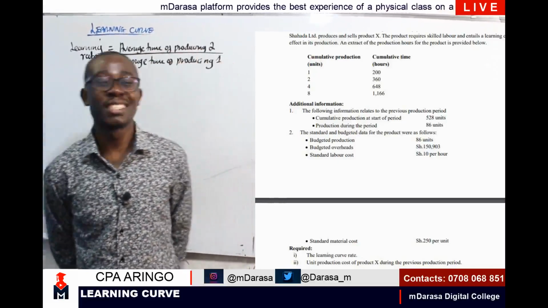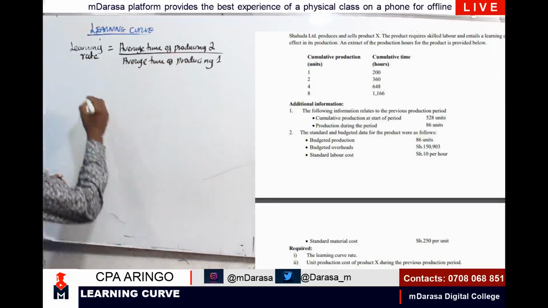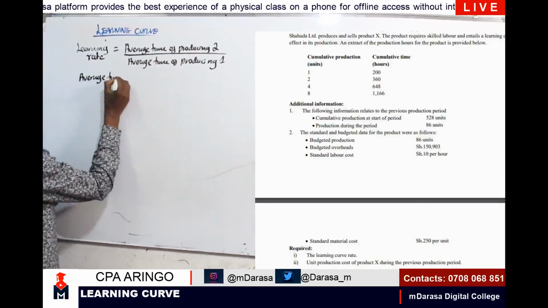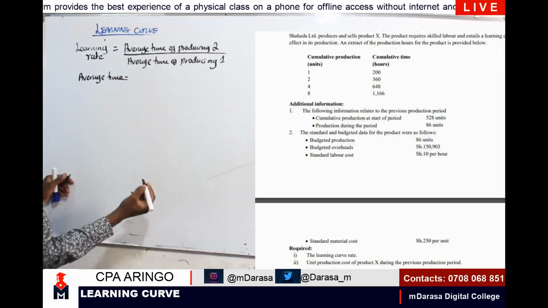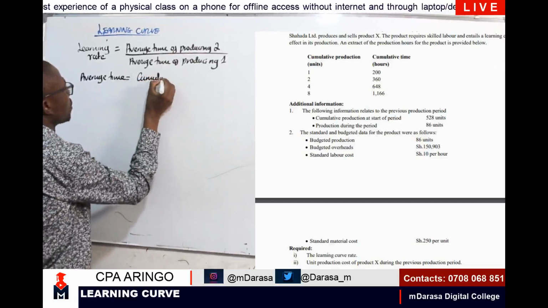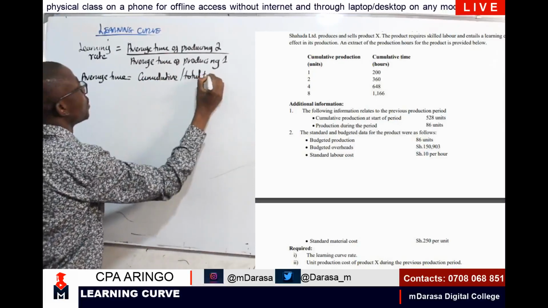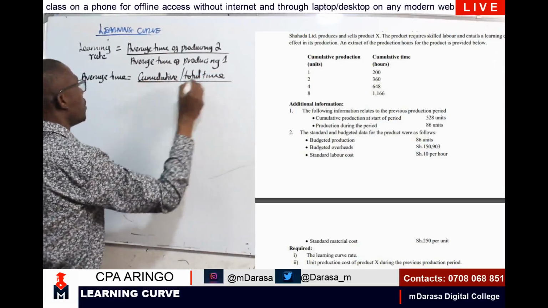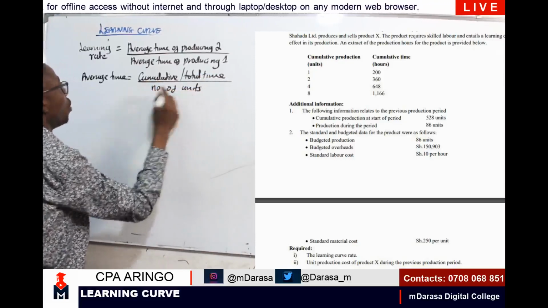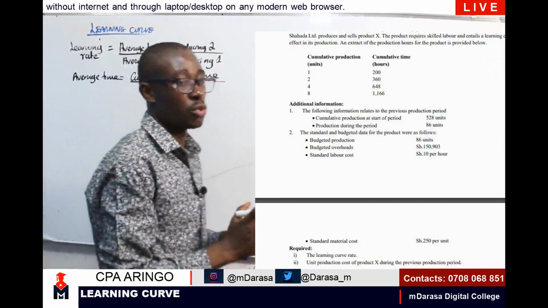No. Recall that for you to determine your average time, if a learning curve is not given, that will be easy because you take your cumulative time, which is the same as your total time, and you divide by the number of units in line with the total time that you are given.